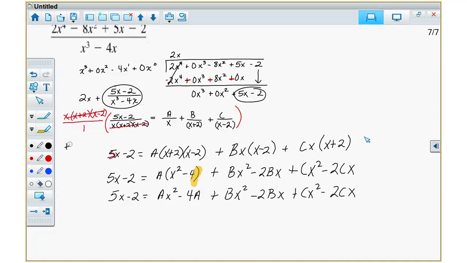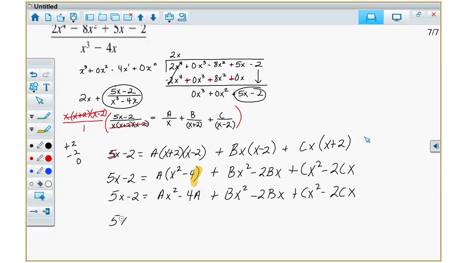Positive 2 will give you a 0 right here and a 0 right here. Now you plug in 2 right there. That would work. So we may not have to do this, but we might be able to do equivalent coefficients.